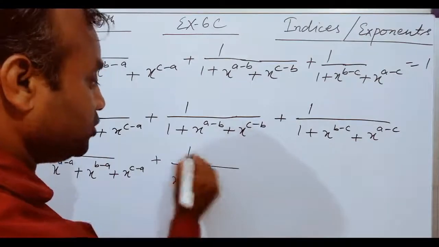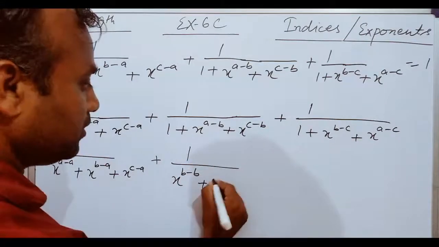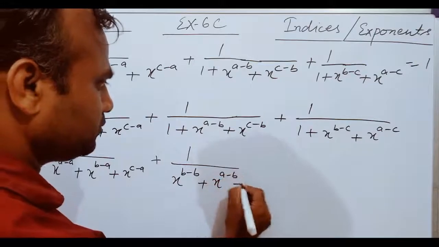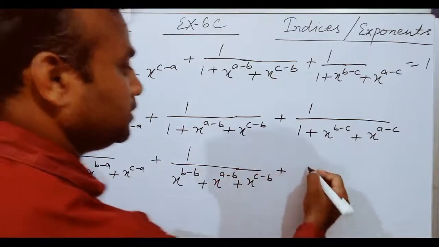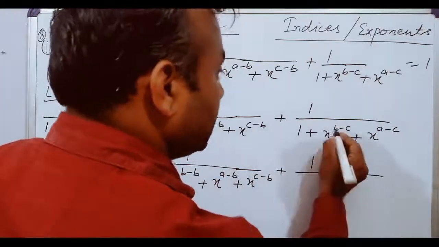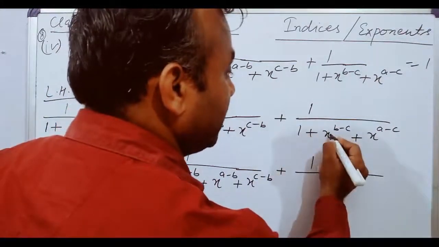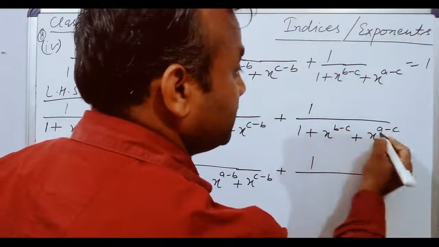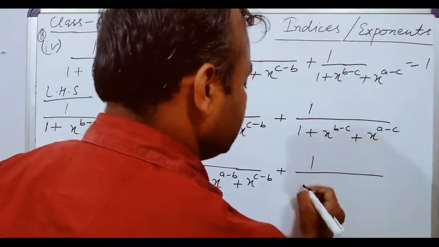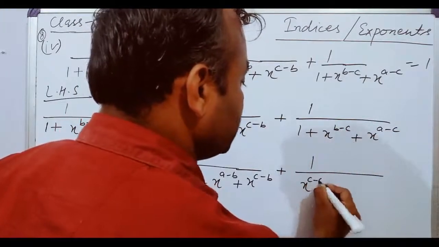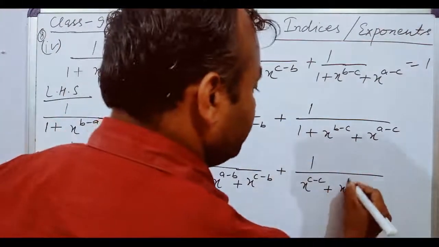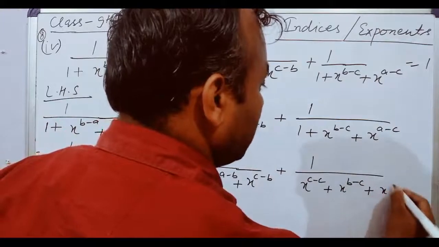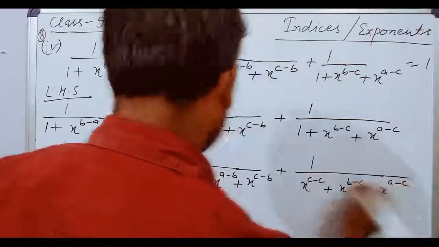Meaning of b minus b is 0, x to the power 0 means 1. x^(a-b) + x^(c-b), plus 1 upon 1 + x^(b-c), a minus c, c minus c is not there. So x^(c-c) means x to the power 0 means 1. Okay, x^(b-c) + x^(a-c).